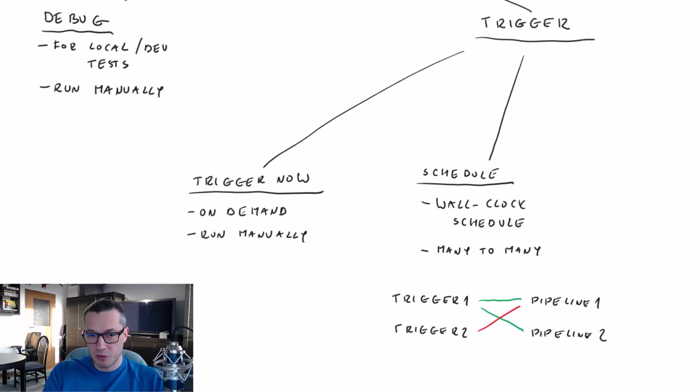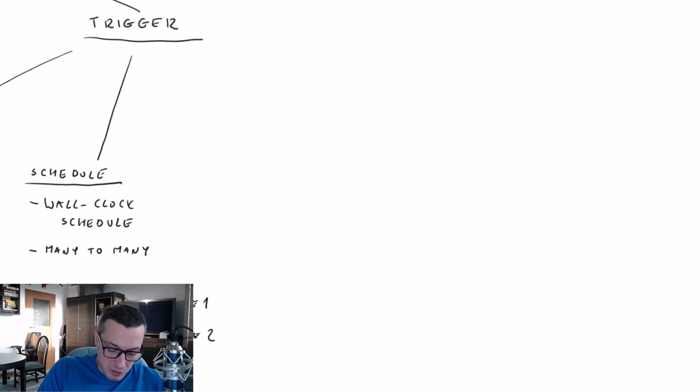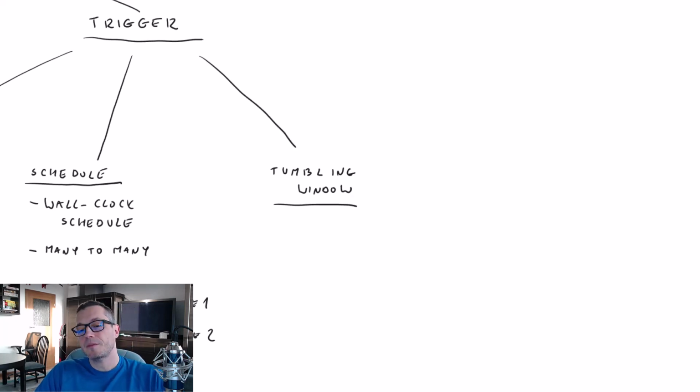All right, so this was the schedule trigger type. We've got 3 more. The second one is called the tumbling window trigger. And now please remember this tumbling window name, because it is commonly used in the case of streaming.